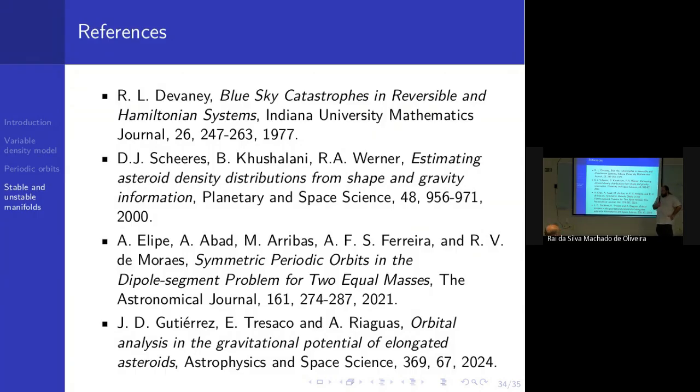With a realistic model, no, and that's why I'm here with Alessandra and André, to learn how to use realistic models, because it's possible to do some fitting on the parameters, so you can obtain the best parameters in your model to replicate the gravitational potential of the asteroid. We have only done this comparison with the dipole segment model, which is another simplified model, but not with a realistic model. Okay, that's it.